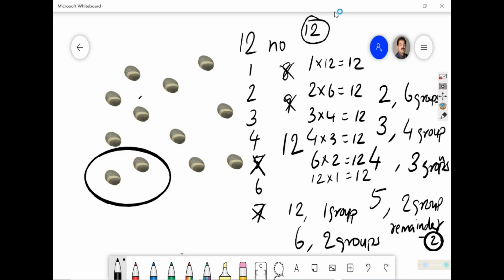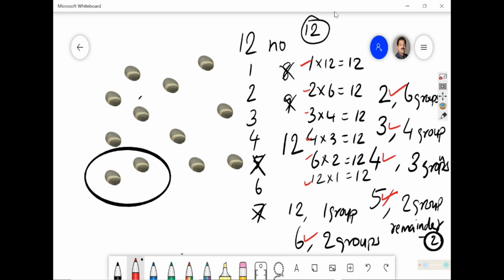So that is why we had all these correct over here: 2, 3, 4, 6. Then 12 and 1. 12 itself will be there, 1 will be there.